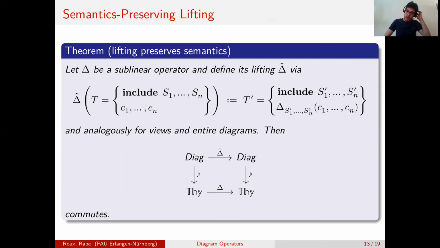And now our theorem says that if I apply first the lifting, and then take the semantics, that's the same as taking first the semantics and then applying our actual specified and implemented operator. So in specification and implementation, we give a definition of delta, then the implementation under the hood lifts it to delta hat and just applies delta hat.